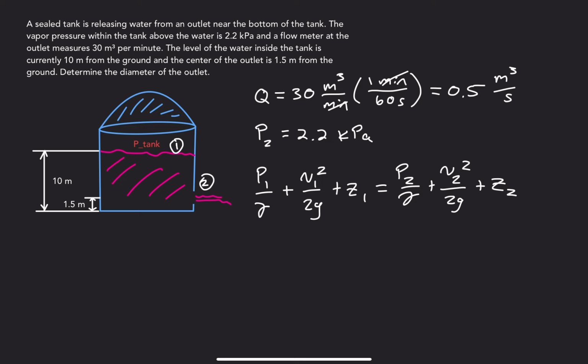Now, if we look at the gauge pressures, the gauge pressure at the outlet, since it's exposed to the atmosphere, is going to be 0. So P2 is 0. The internal pressure we know, P1 is 2.2 kPa.